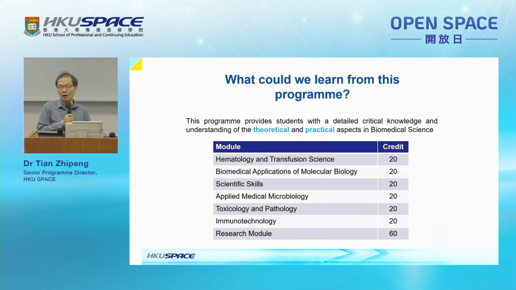You also get a chance to practice how to write a research proposal. It covers different aspects of research. Basically, it's a module that prepares students for the final year project to do small research in the biomedical field.